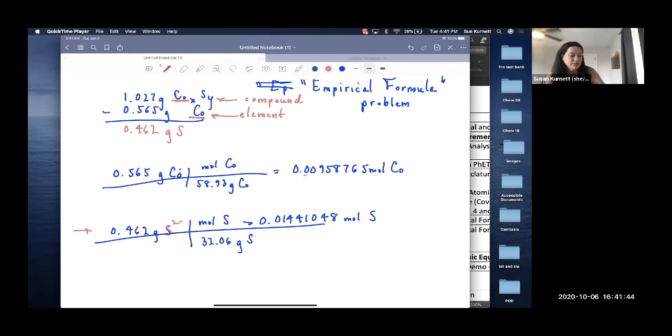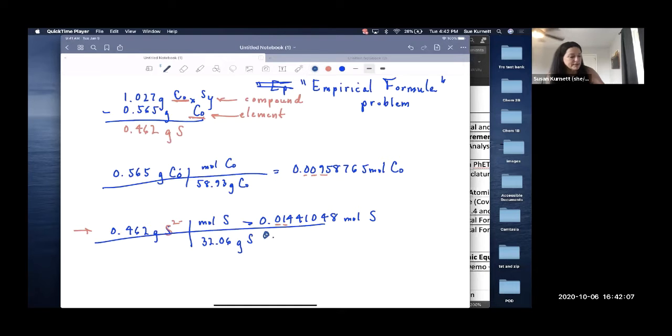And this is 0.009, and this is only 1.0. So this is the larger number. And then I divide the larger number by the smaller number. So it's not like I always divide the metal by the non-metal or anything like that. I'm going to divide the larger number by the smaller number.